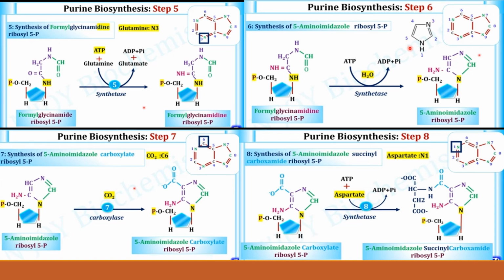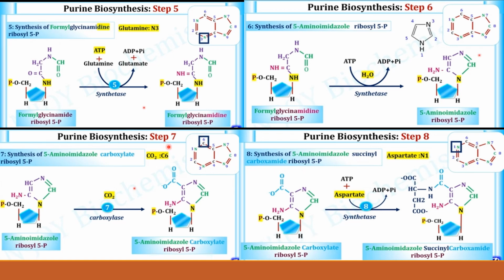This ring is called an imidazole ring. So this is your 5-amino imidazole ribosyl 5-phosphate that is formed here.